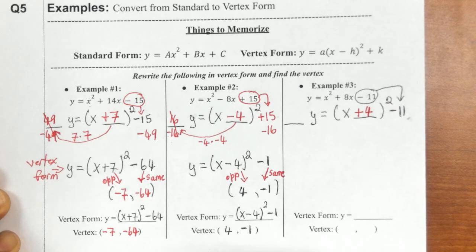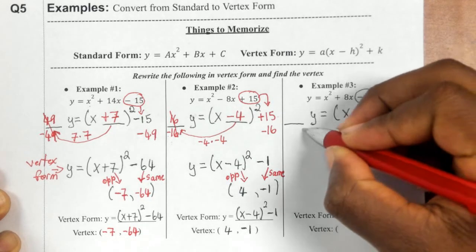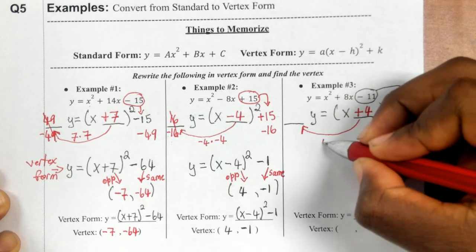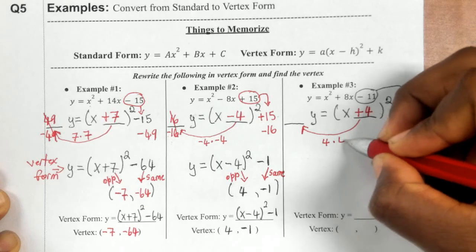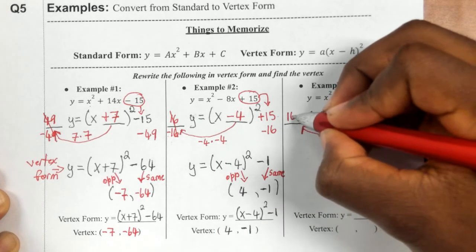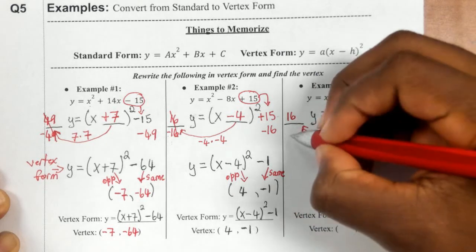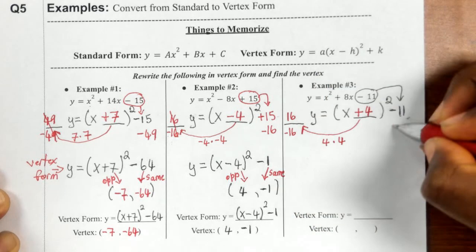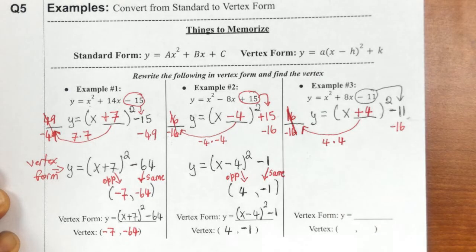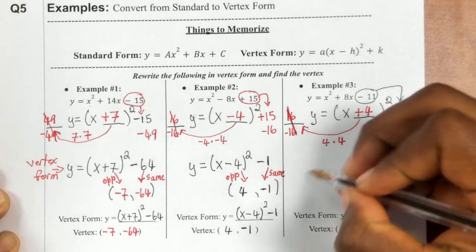So what am I going to do now? You're correct. Bring this to the other side, but you remember, good job, multiply by itself. You get positive 16. Now you're going to subtract 16 on both sides of the equation, and this gets canceled out. So what are you left with now?